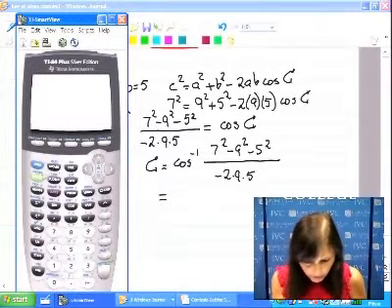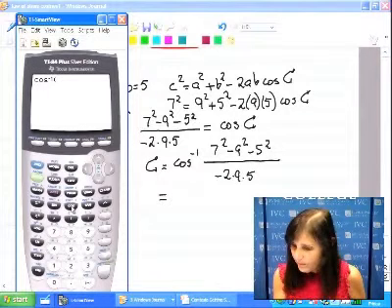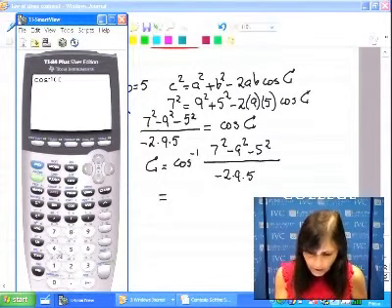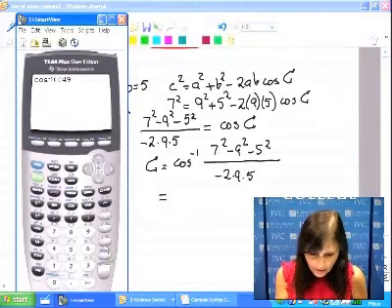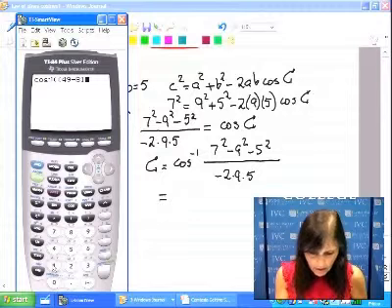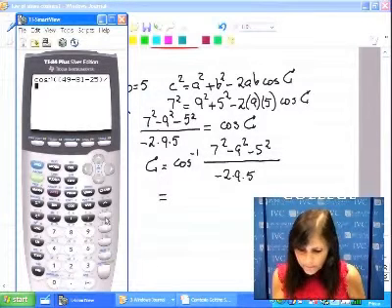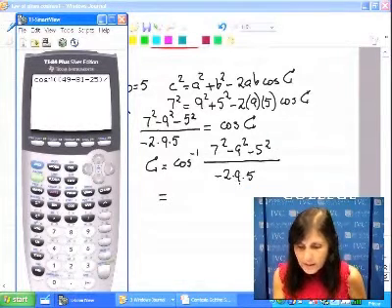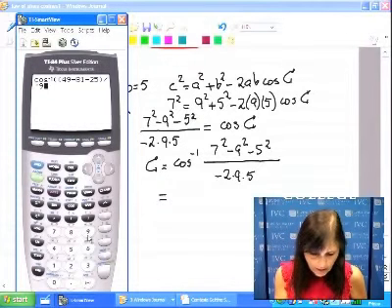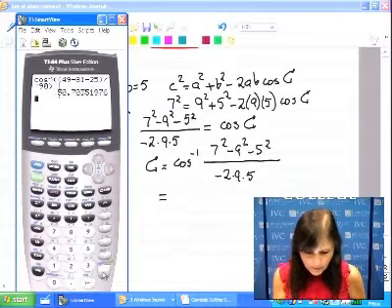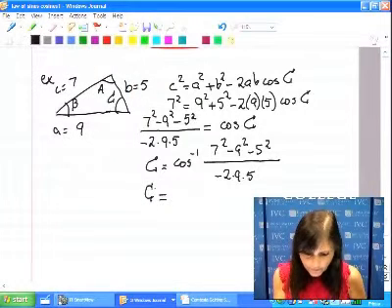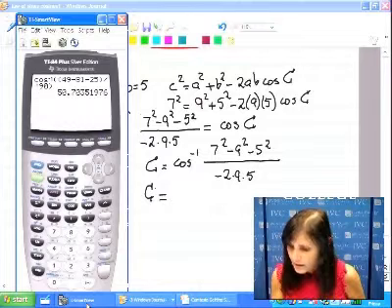So I'm going to put cosine inverse of, so I will put 7 squared, which is 49, minus 9 squared, which is 81, minus 5 squared, which is 25, divided by, so 2 times 9 times 5, 2 times 5, that's 10, times 9, that's 90, so it is negative 90, and close the parentheses, and that gives me C of 50.7.